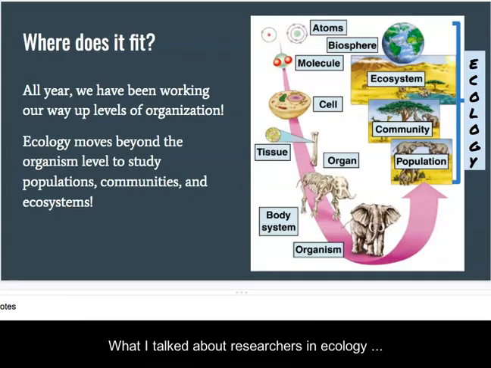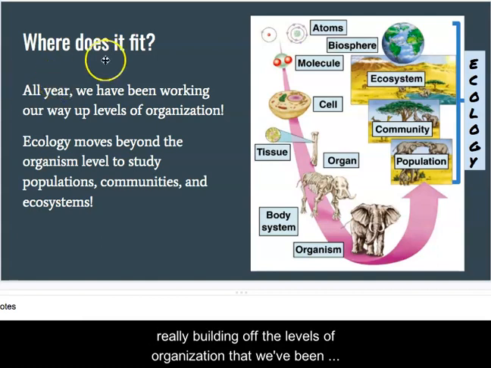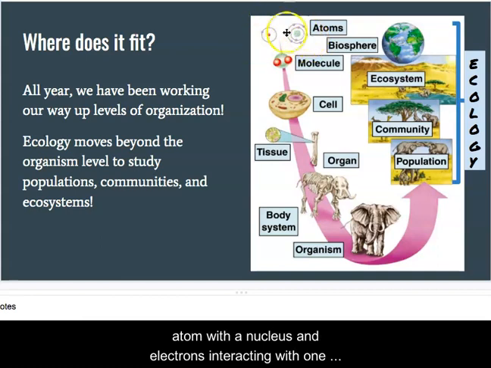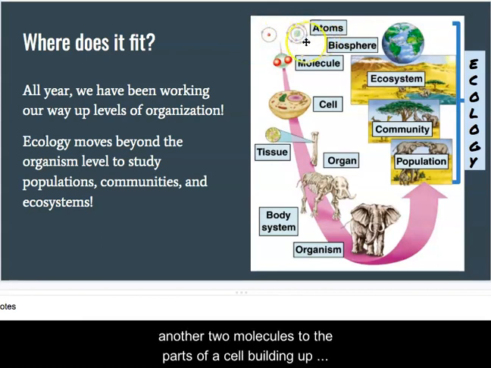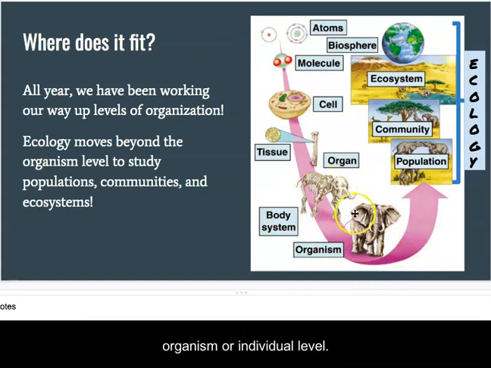And so when I talked about researchers in ecology studying populations, community, and ecosystem, it's really building off the levels of organization that we've been learning about before. So we have started off as small as the atom with a nucleus and electrons interacting with one another, to molecules, to the parts of a cell, building up tissues and organs and body systems, all the way to the organism or individual level.